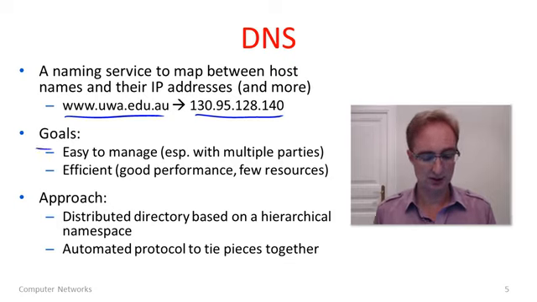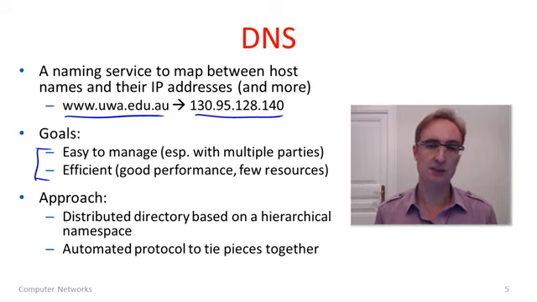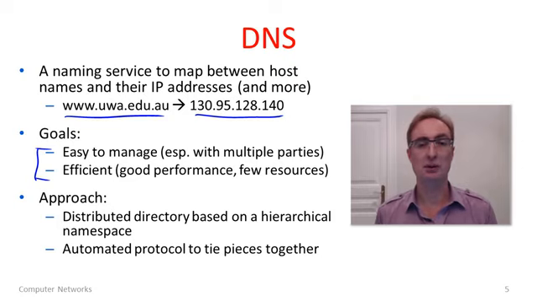I'll say here that the goals, really just at a high level, are to make the administration of names easy to manage, especially amongst all of the different multiple parties that are involved in the internet. Having to get these parties to coordinate and agree on naming conflicts would be a pretty big job, so we would really like to come up with a system that makes it easy to manage administration of names, even when multiple parties are involved.